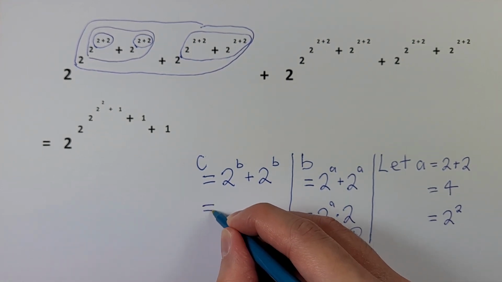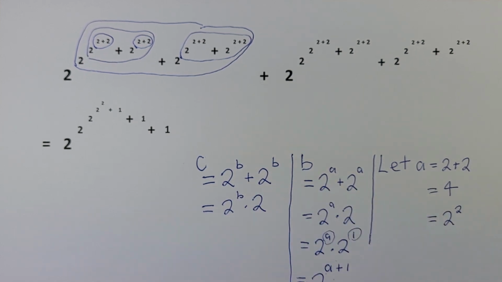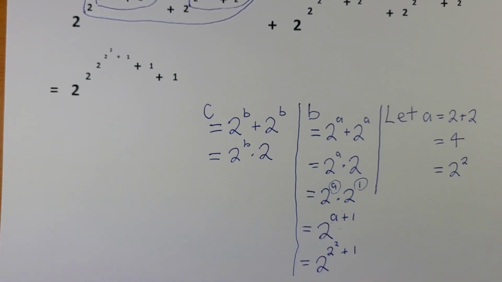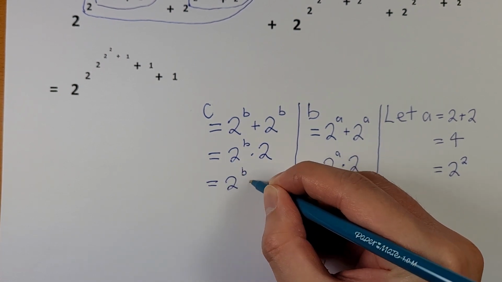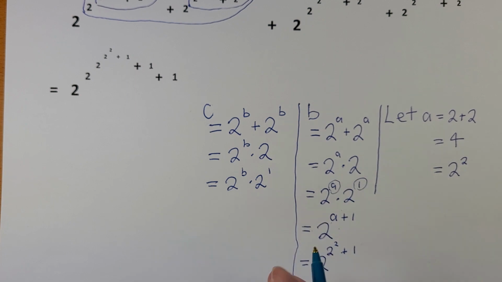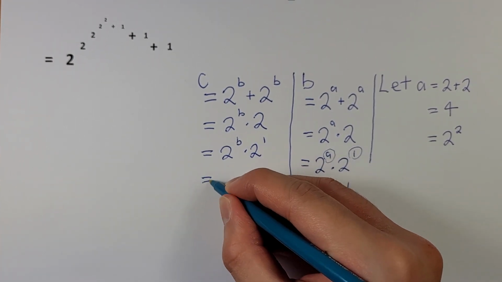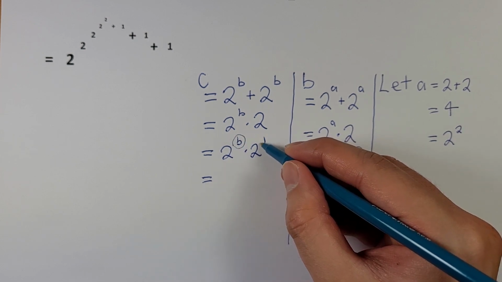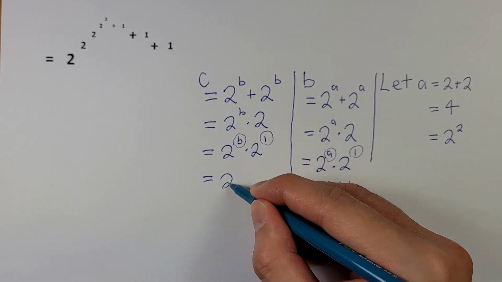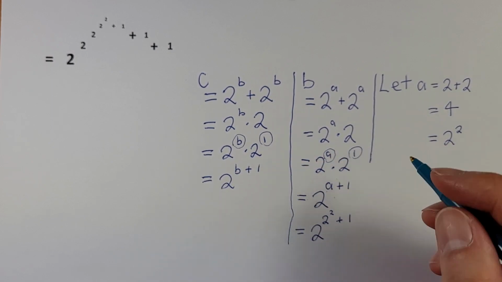I can rewrite this as 2 to the b times 2, and I can rewrite 2 as 2 to the 1. I can then add the exponents together. This time, b and 1 are the exponents, so this is now 2 to the power of b plus 1.